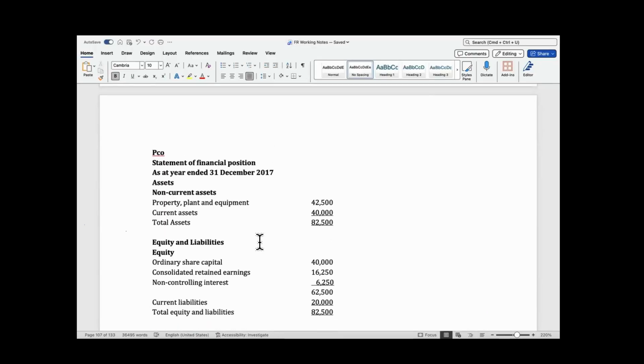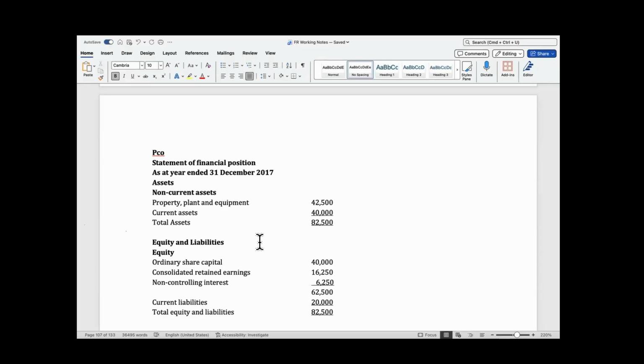Why is NCI represented under equity in the parent, like in the consolidated book? Yeah, that's a fantastic question. Because he's also an owner in ESCO, and IFRS 10 requires that we should see NCI as part of the group.